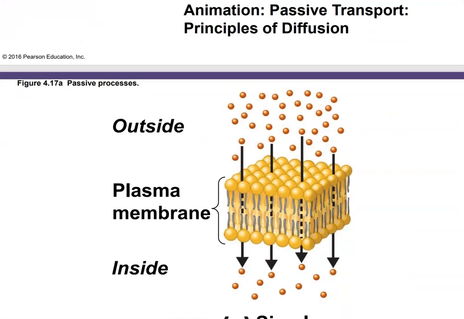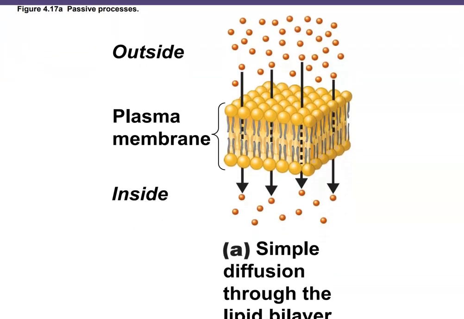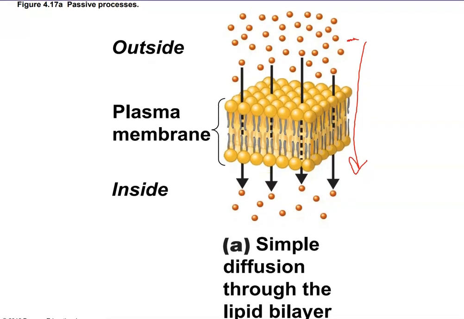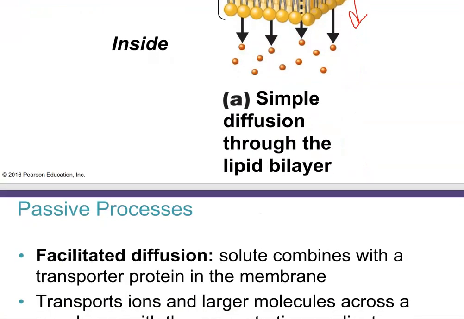An example would be a gas molecule that can freely diffuse through the phospholipid bilayer because it has no polarity and it's just a small molecule. So simple diffusion means that these molecules that are in high concentration on the outside will move down the concentration gradient into the inside of the cell without hindrance until there is no more concentration gradient. That is simple diffusion.